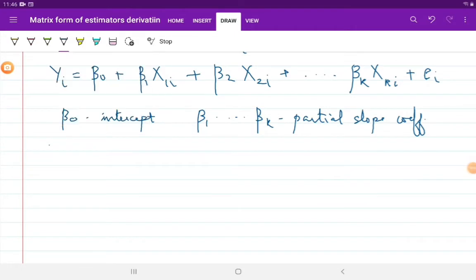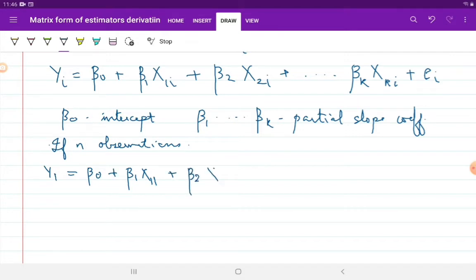Now remember, if we have n observations for all our variables, our equation form would look like this. y1, the first observed y variable, is equal to beta naught plus beta 1 times the first observed x1 variable plus beta 2 times the first observed x2 value, etc., beta k times the first observation of variable xk plus the error term e1.